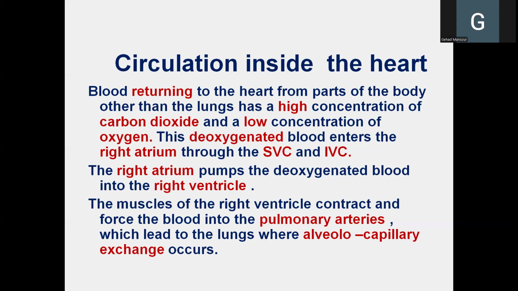So the air sacs will give fresh oxygen to the capillaries, and the capillaries will give carbon dioxide to the air sacs. And this is how oxygenation of the venous blood occurs.